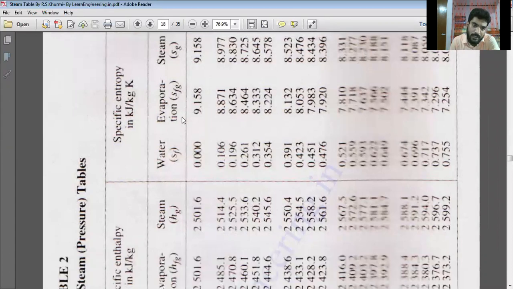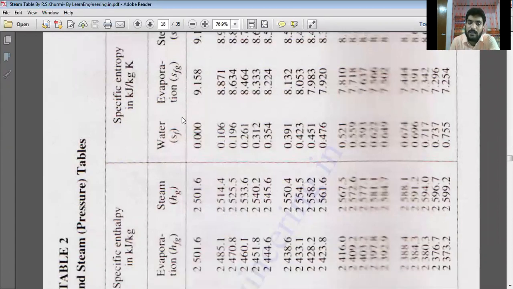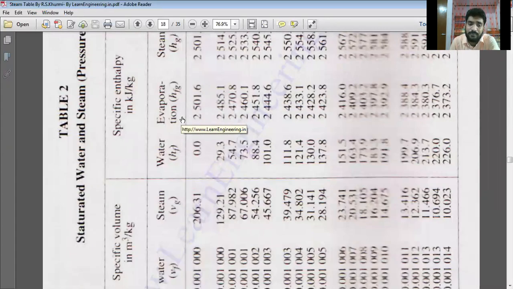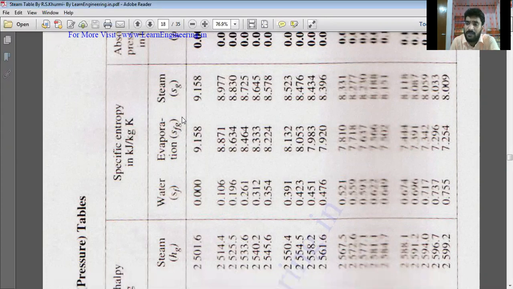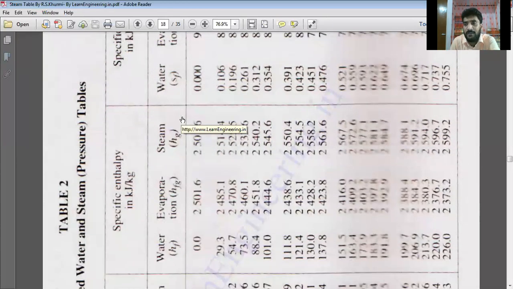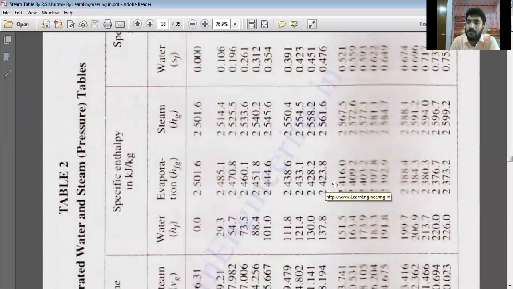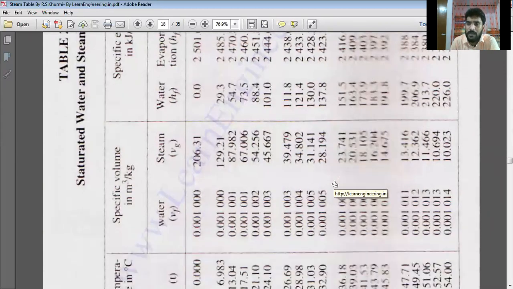So the specific entropy, enthalpy and specific volume values SG, SFG, SF, HG, HF, HFG and VG, VF, VFG are collected from steam tables with respect to pressure or temperature values.